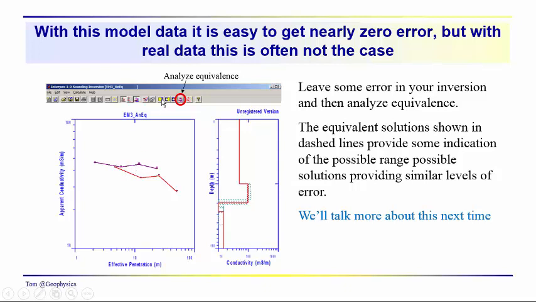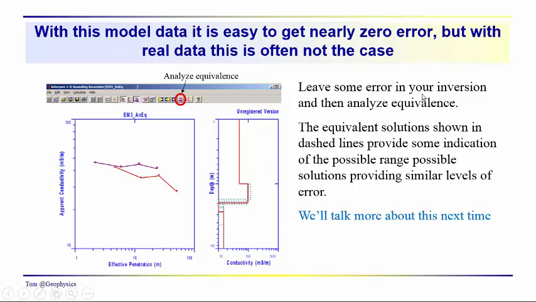Now, if we come back here, before we get a perfect match, and that's pretty easy to do when you're working with model data. When you're working with real data, that's not always possible. You don't always get really small error, which is less than 1% here. I didn't include the error in this case.